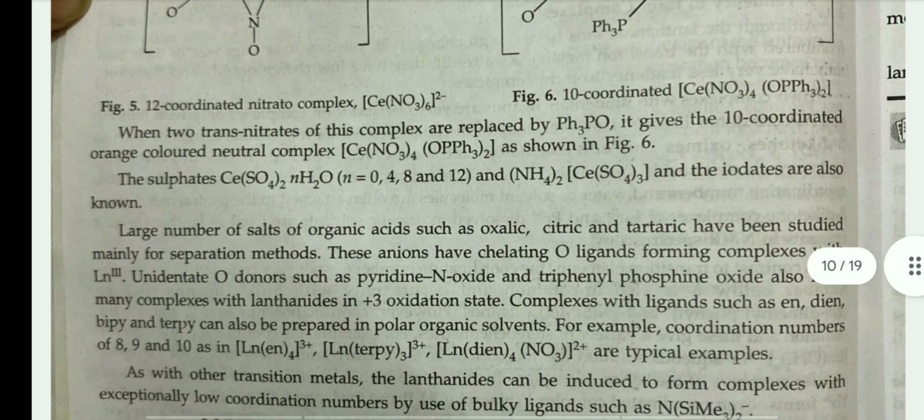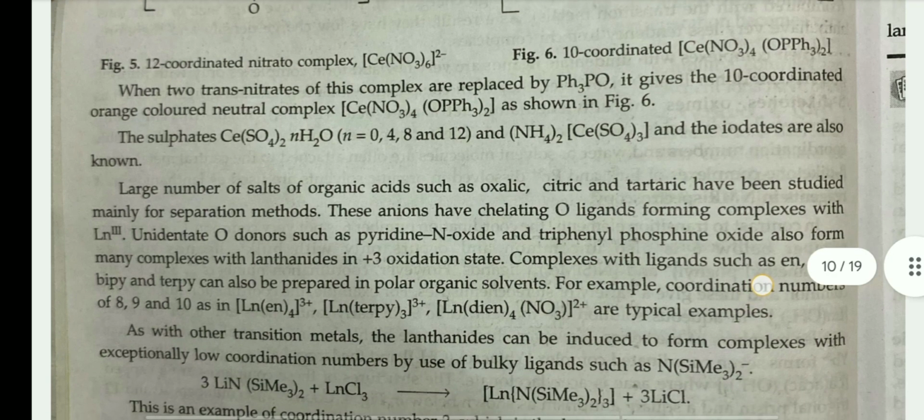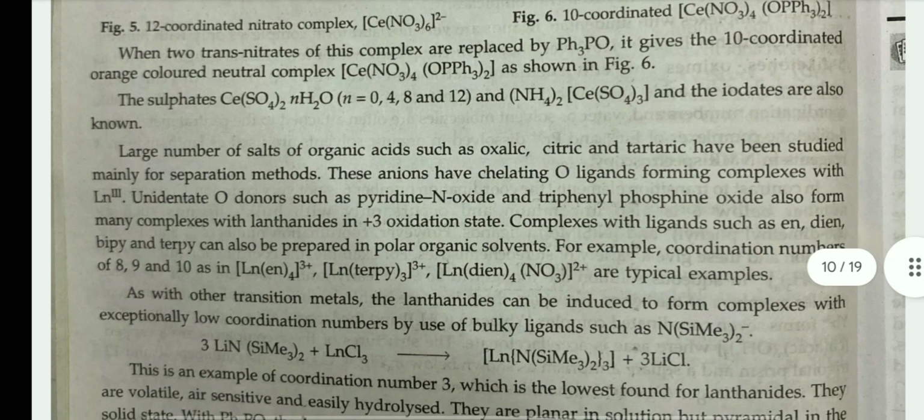The sulfates Ce(SO4)2 and Ce(SO4)2 2- with nH2O, n equal to 0, 4, 8 and 12, and (NH4)4Ce(SO4)4, and the iodates are also known. A large number of salts of organic acids such as oxalic, citric, tartaric have been studied mainly for separation methods.